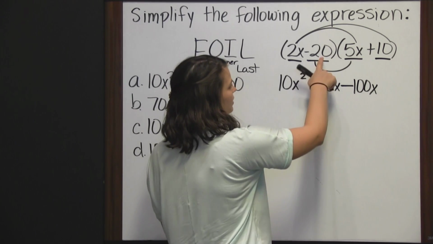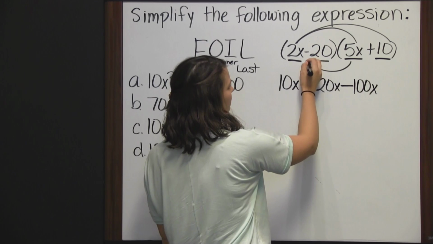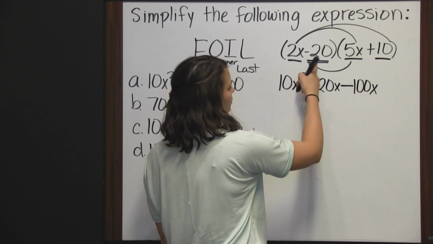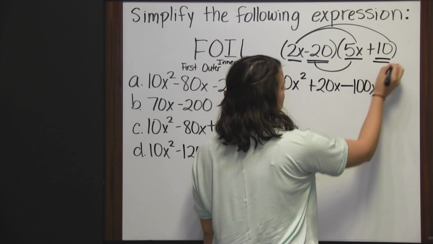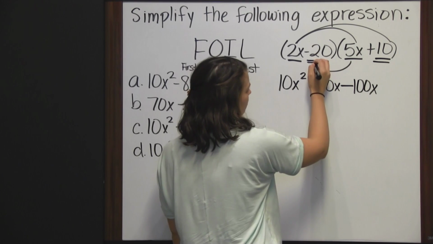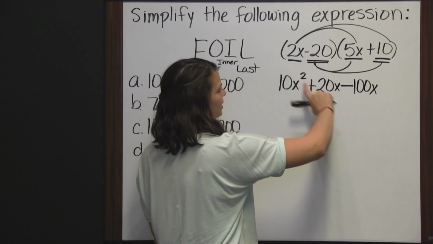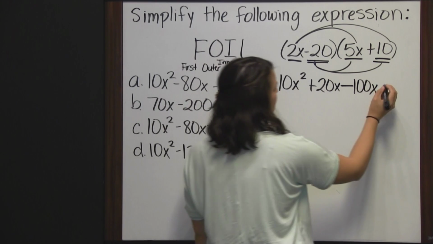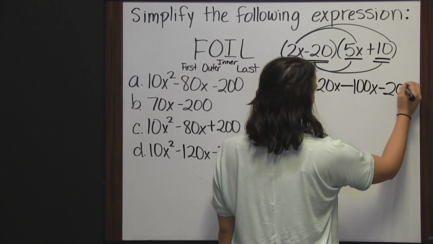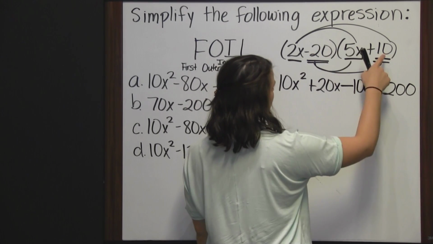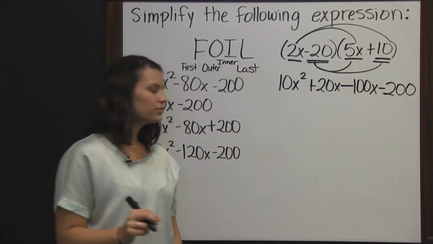So that means the last term in the first binomial times the last term in the second binomial. Last times last. So that's negative 20 times 10, which is negative 200. A negative times a positive is a negative.